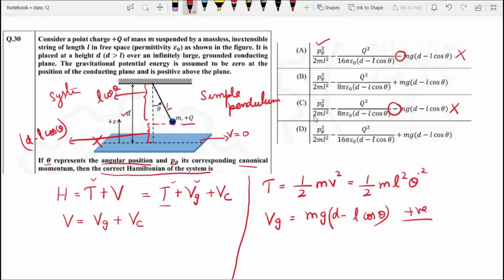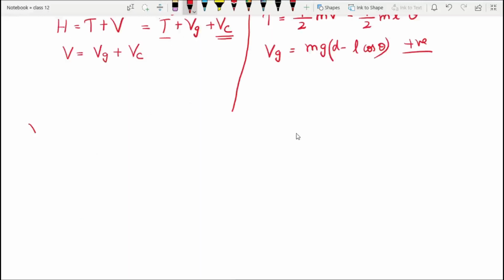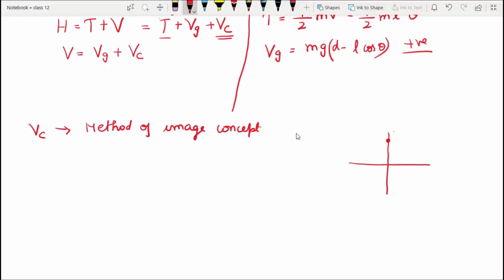Now we will see how to calculate the potential energy due to the conducting plate. Vc can be calculated by using the method of image concept. According to this concept, if we have a plus q charge here at a distance of d minus L cos theta, we can consider another charge minus q at the same distance from below the plate.